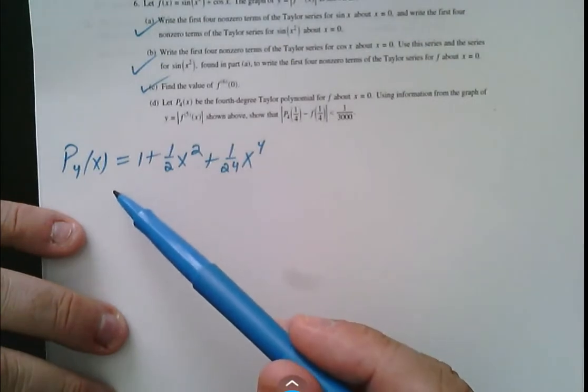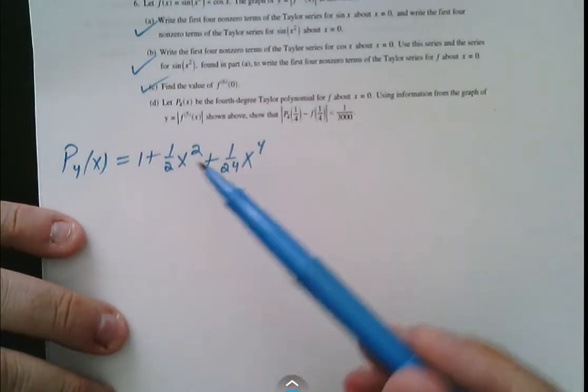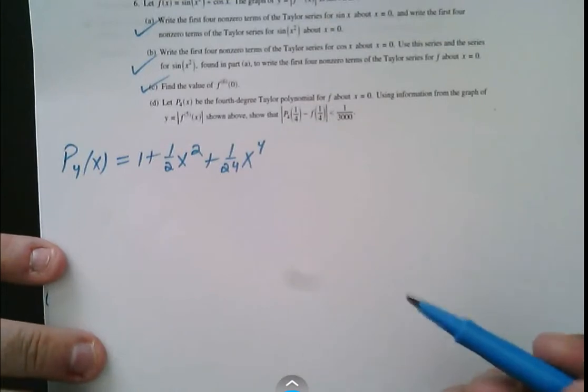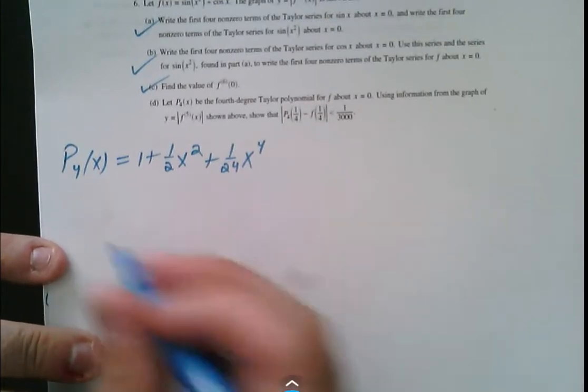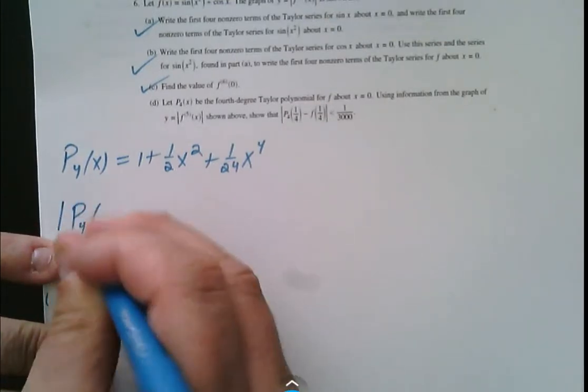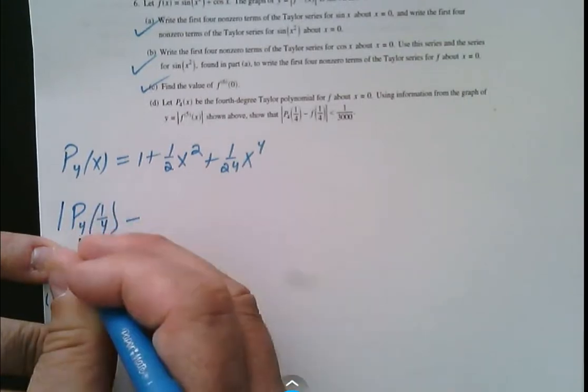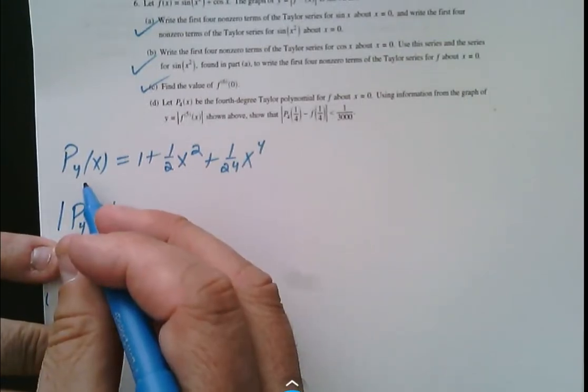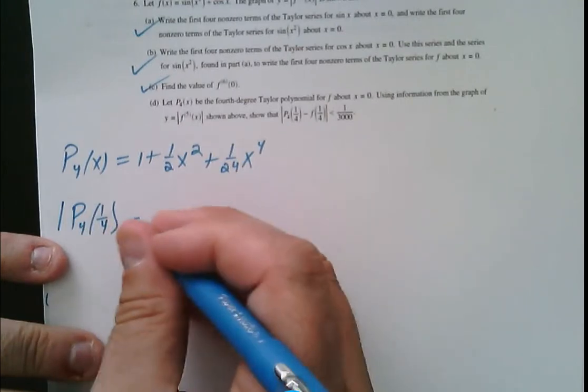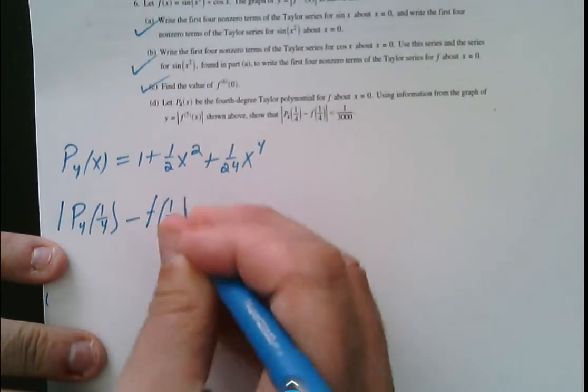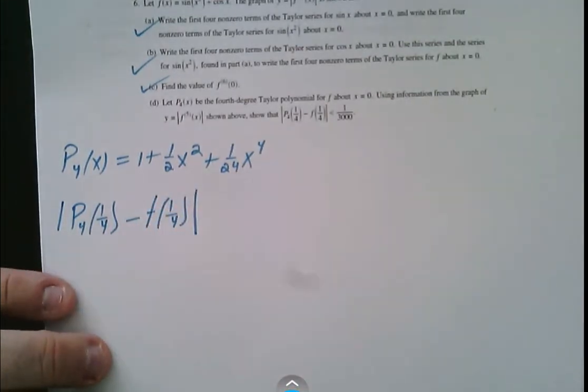So in this question they ask us to find the difference between the value of your degree 4 Taylor polynomial at 1/4 and the value of your function at 1/4.